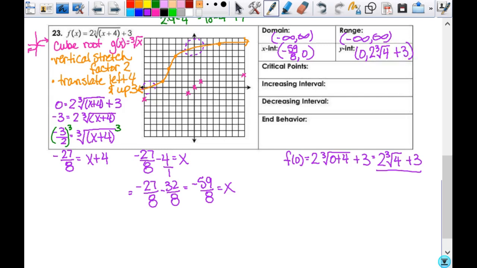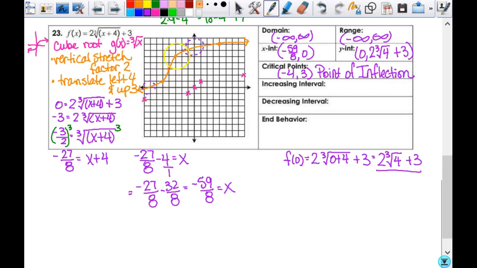Okay, critical points. This is one right here. That is my point of inflection, so that is at 1, 2, 3, 4. It's at negative 4, 3. And that is the point of inflection. All right, increasing.